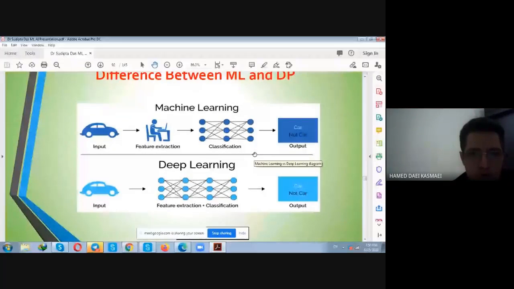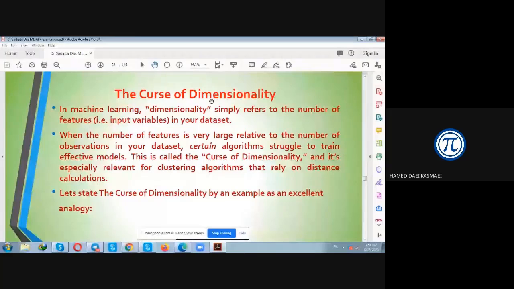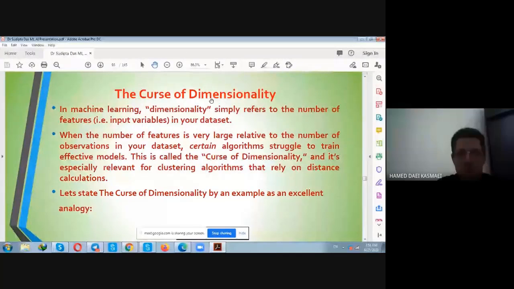You need to know about the curse of dimensionality to learn about feature extraction. What is it? In machine learning, dimensionality simply refers to the number of features, i.e. input variables, in your dataset. When the number of features is very large relative to the number of observations, certain algorithms struggle to train effective models.